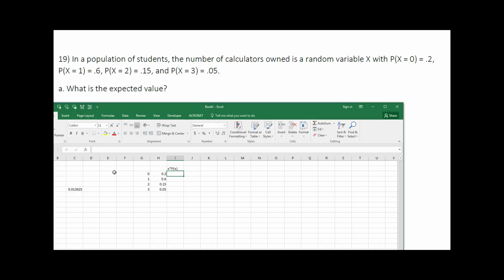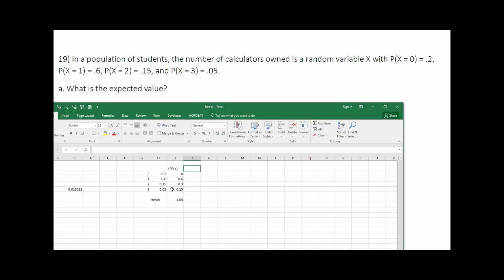Now, again, there's a formula chart that you'll get that will remind you of the Excel commands for this, or the calculator commands. So that number times that number, and then I can just drag that down. It will multiply all that for me, and then to find the mean, then I want to do is sum that up. Okay, so given this scenario, then I would expect the average value to be about 1.05.